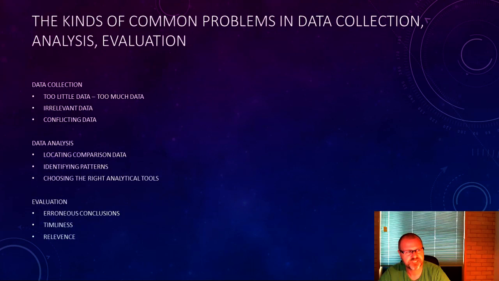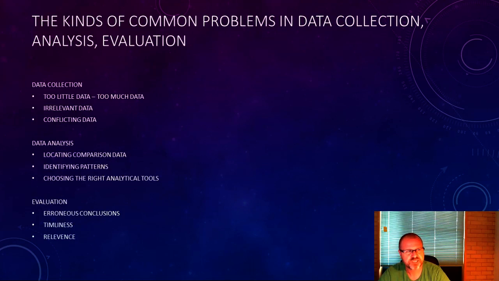Too much data and too little data seems to be an ongoing problem with data collection. How much to collect, how to filter out what you don't need, and so forth, is an ongoing issue with data collection. And as we've talked about in other topics, a lot of it boils down to really understanding what your research, your intelligence requirement is.